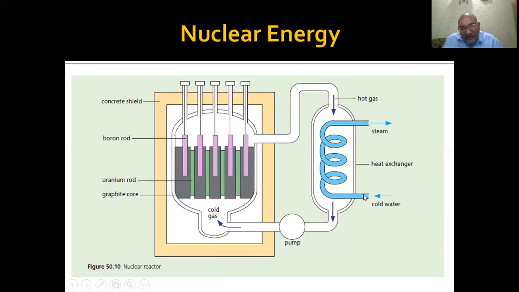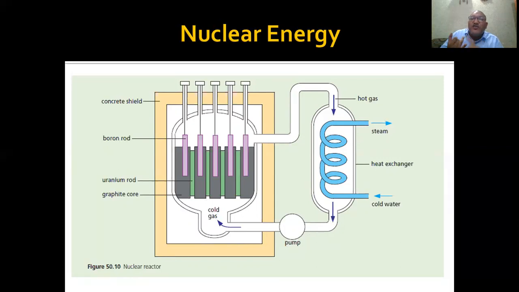The cold water is coming from here, and since the gas was so hot, the water inside this pipe turns into steam, and from here that steam goes out. The steam is used to turn the turbine, and that turbine turns the rotor of the generator, and electricity is produced. So this is how the nuclear reactor works.